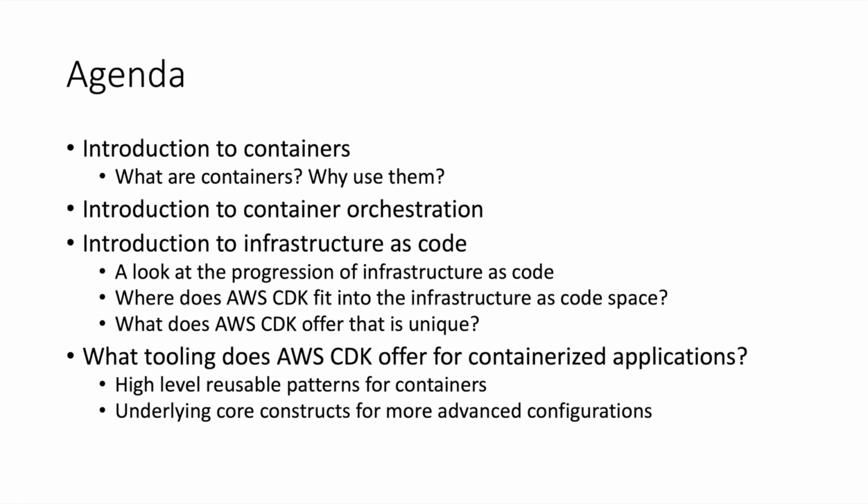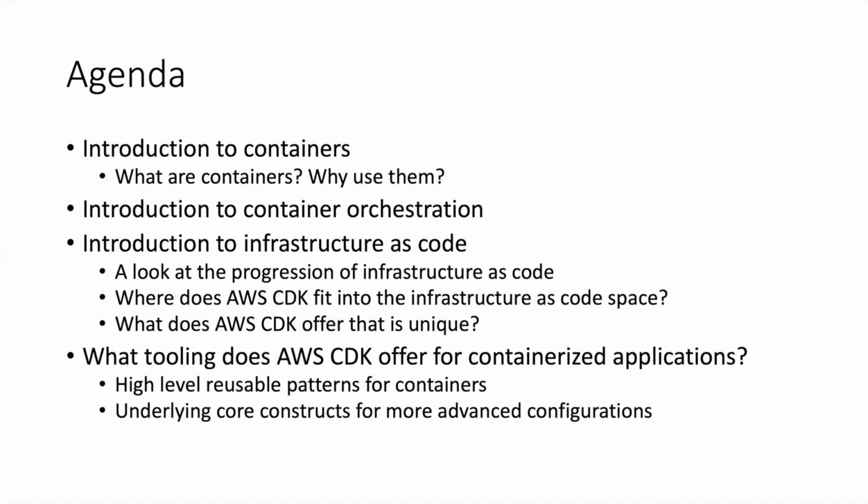So the agenda is I'll start with an introduction to containers themselves, as well as container orchestration, to make sure everybody is up to speed on what AWS is offering and what containers are and why you might want to use them.